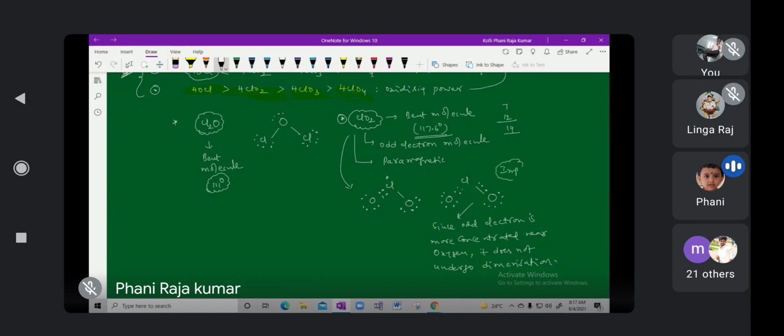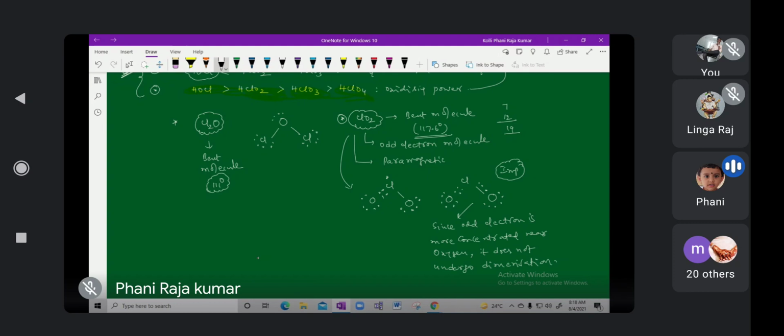Generally, all odd electron molecules undergo dimerization, but this is one compound where even though an odd electron is there, it does not undergo dimerization because the odd electron is not concentrated near the central atom. The surrounding atom is very small in size when compared to chlorine, and that too, it is the second most electronegative element. That's why that odd electron is more concentrated near oxygen.